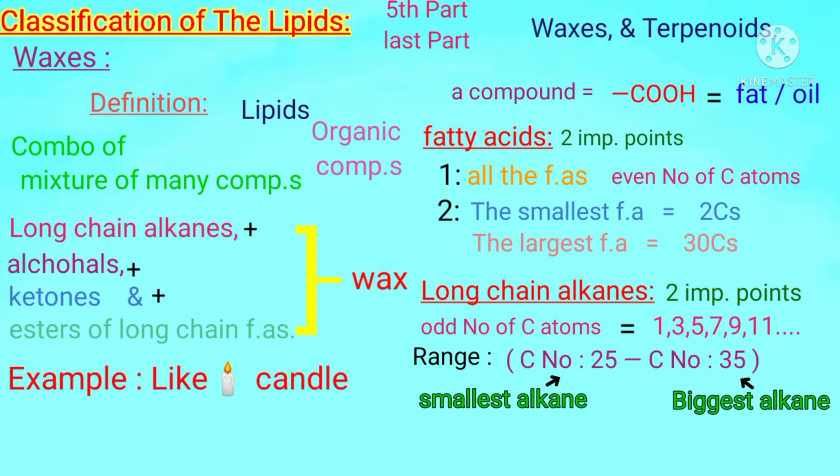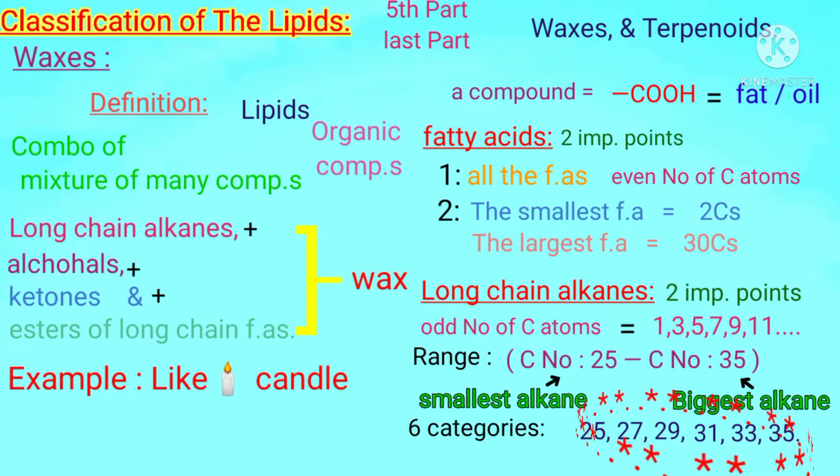Namely, only six categories are present, that are 25, 27, 29, 31, 33, and 35. So the alkanes of these carbon numbers only participate in wax formation.